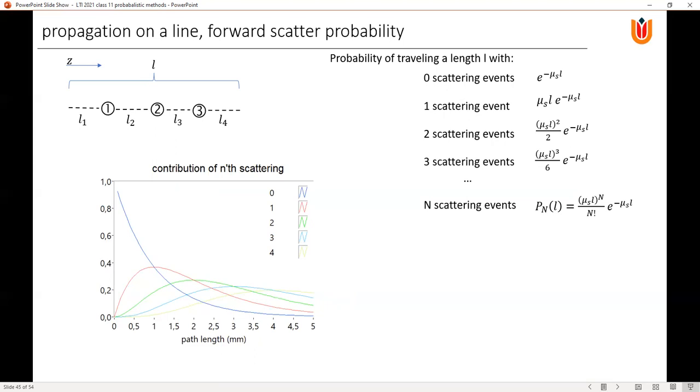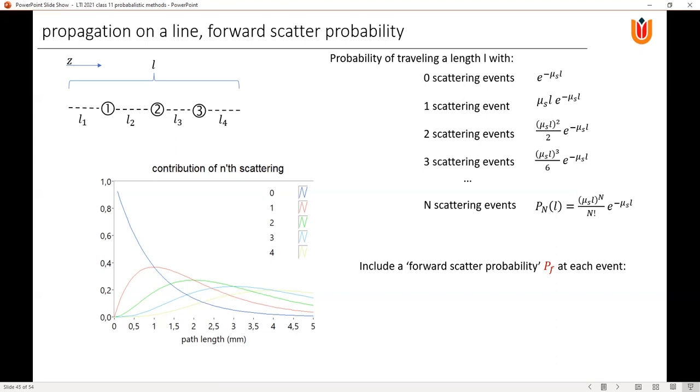If you go at longer path lengths, so let's say 5 millimeters, then your signal will be dominated by photons that have been scattered more times. So that is one way of looking at the result.